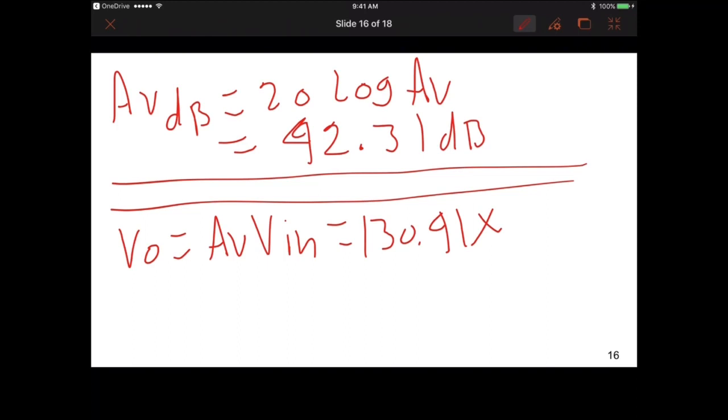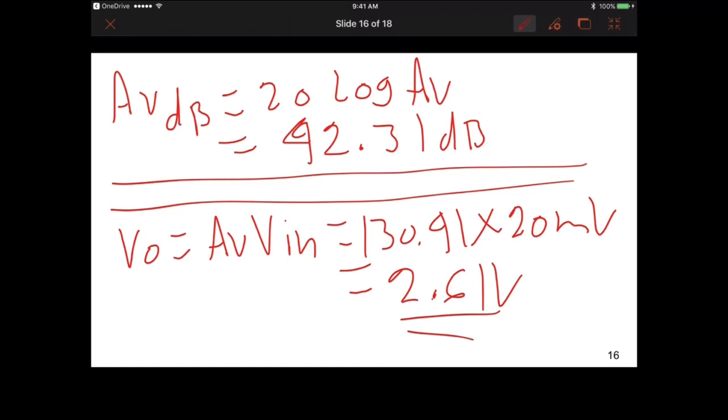It didn't say anything else, so the 20 millivolts is RMS, and you can convert it to peak or peak-to-peak if you need to. So 20 millivolts times 130.41 equals 2.61 volts. Okay, so that would be the output.